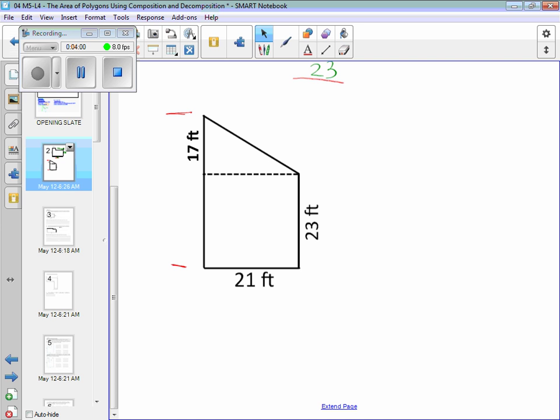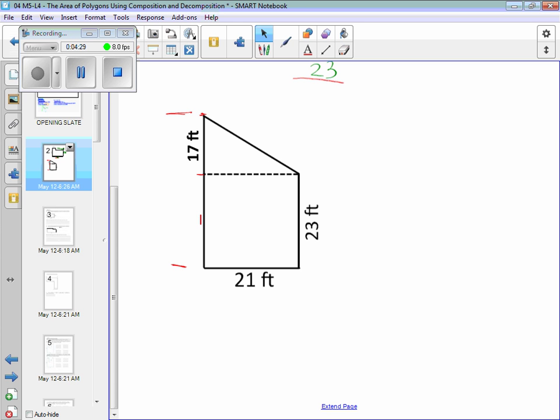From here to here, be careful. All right, let me clarify. This 17 is from here to here. I want to know the whole length. Okay, and if you're not sure, you always ask, what is it that I'm trying to find? If you're not sure about the diagram, you always want to ask. You might know it, but the diagram's not clear. James, what do you say? How'd you get it?